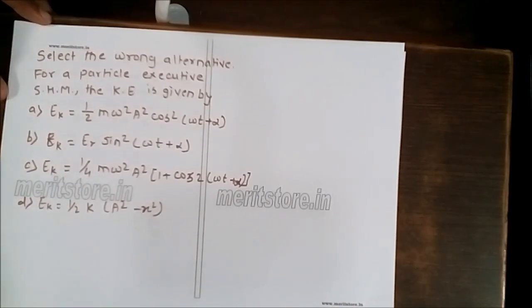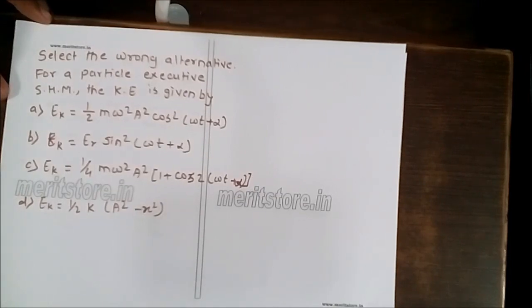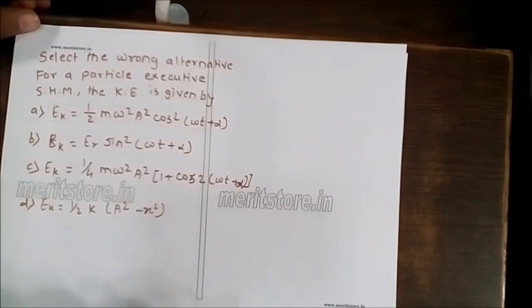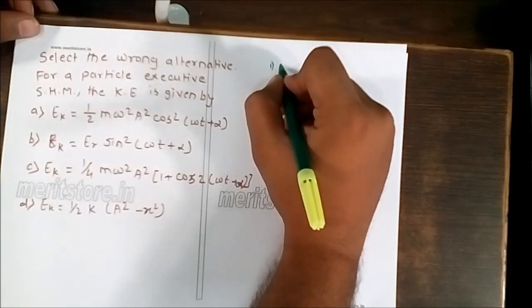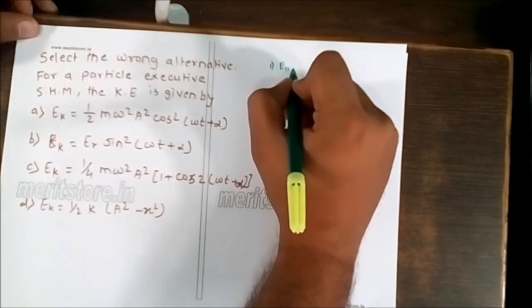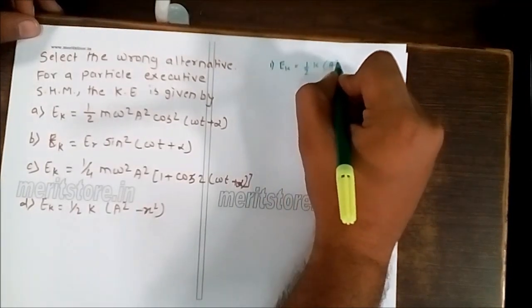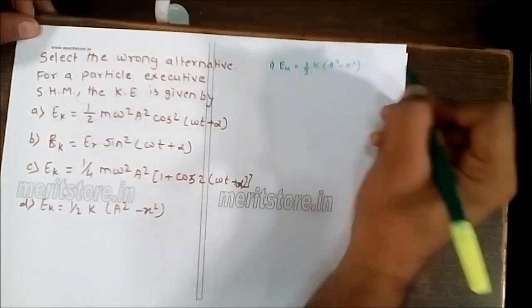Now the next question is, select the wrong alternative for a particle executing SHM. The kinetic energy is given by. So different equations for kinetic energy have been given and we need to select the wrong option. First of all, we'll write the general formula of kinetic energy. Ek is equal to half k a square minus x square.